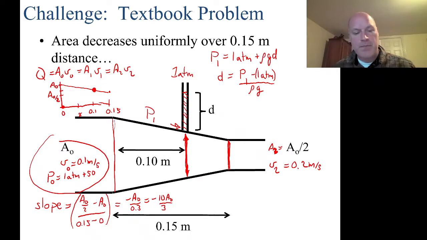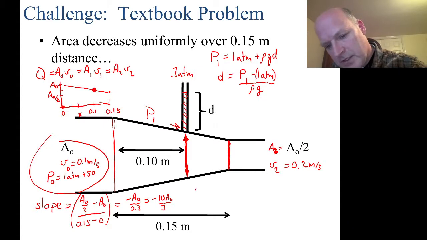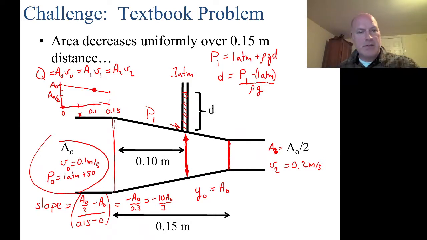That's the slope. So what's going to be the y-intercept? Y-intercept is going to be equal to A naught. That makes sense. Okay, that's the position at x equal to 0.